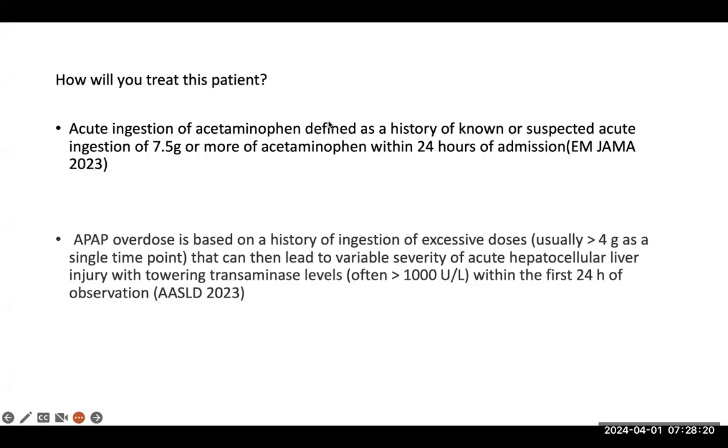When we look at paracetamol overdose or poisoning, the first thing we look at is how much is ingested and at what time. Typically within the first 4 hours, if the patient has a normal LFT, INR, you do not treat, you don't even give them anything.